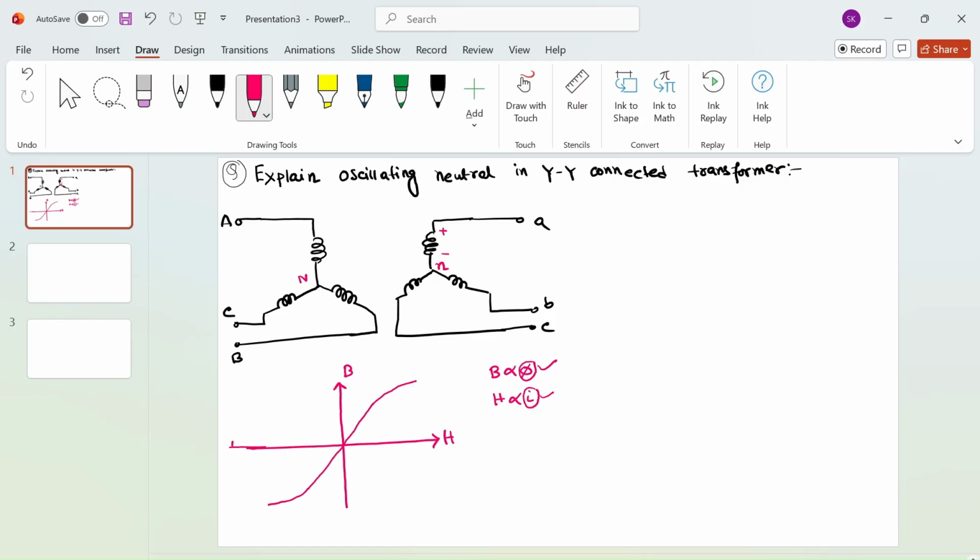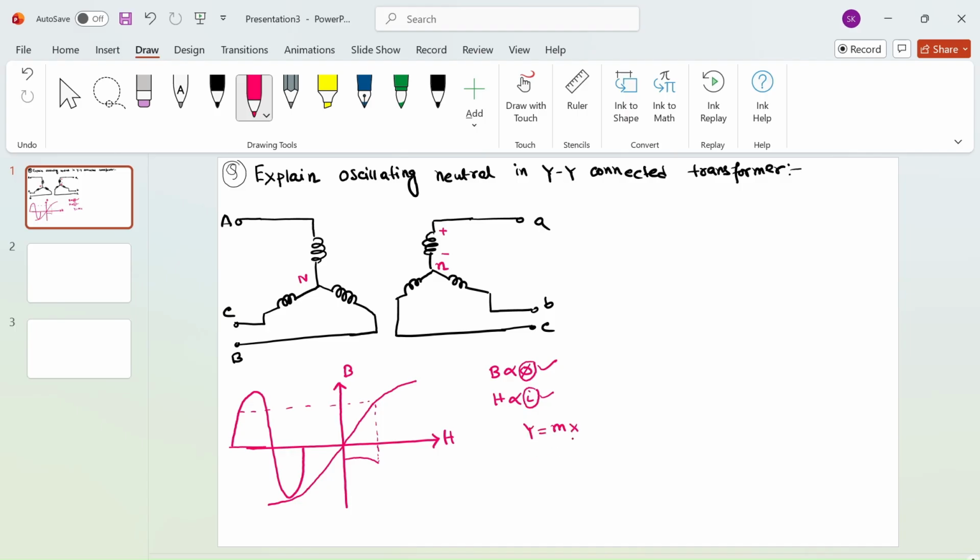Let's say you have a flux density waveform, a flux waveform. Let's say this is your flux waveform. Till this point, you will get the current, and it will follow the same kind of relationship. In case of linearity, we can apply the y equals mx formula.